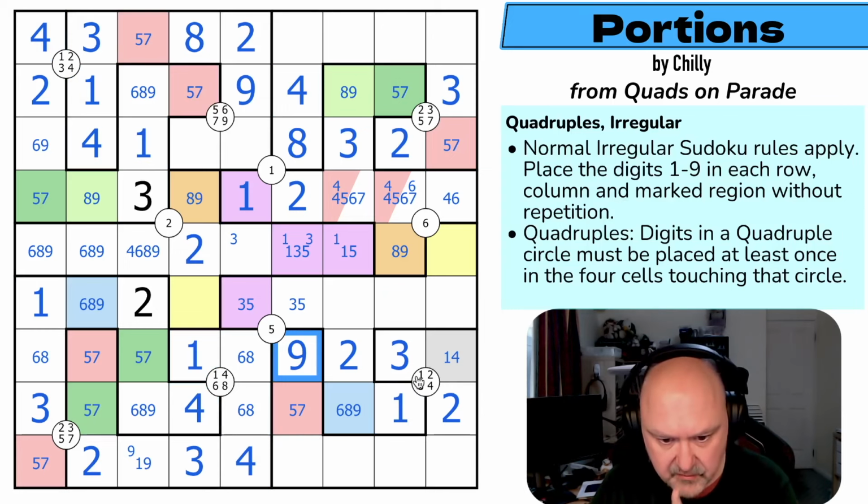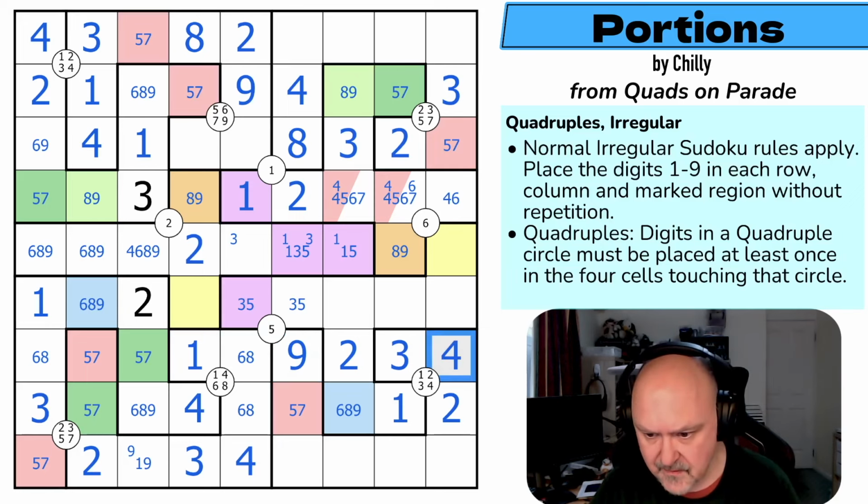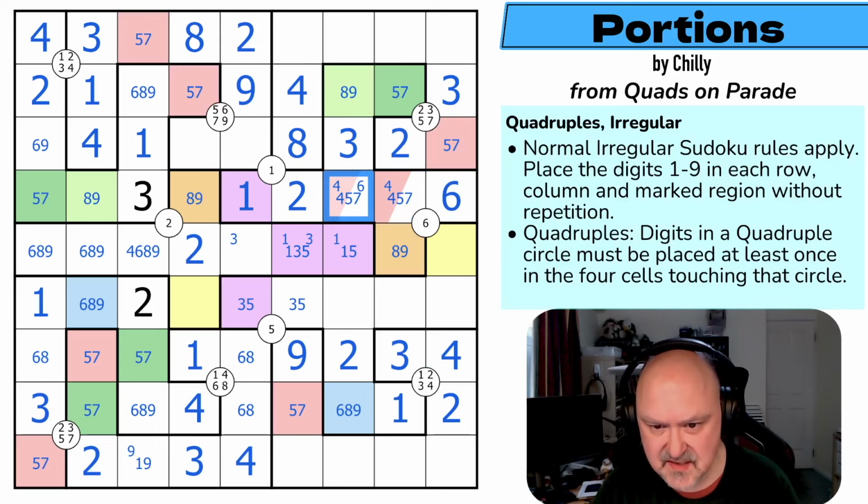Sorry, getting rid of colouring for me really helps. This one is also 4. Which looks like making that the 6, which means that's not the 6, that's not the 6.